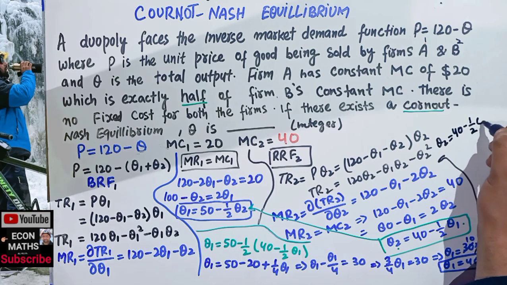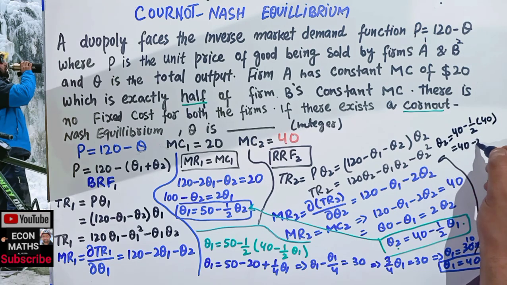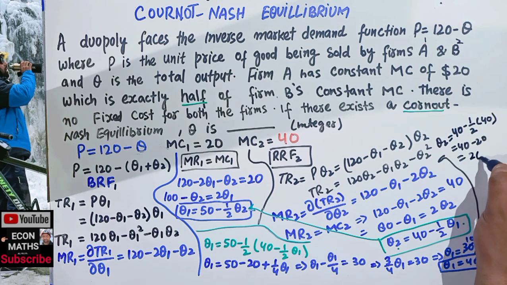Q1 we got as 40, so 40 minus 20 comes out to be 20.